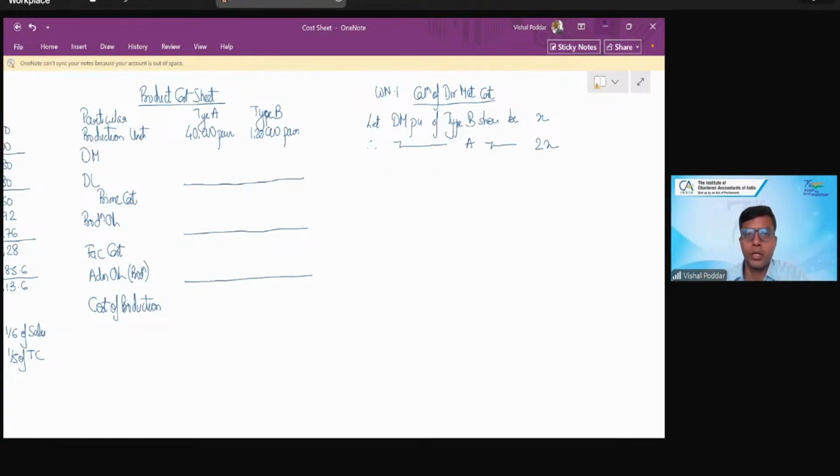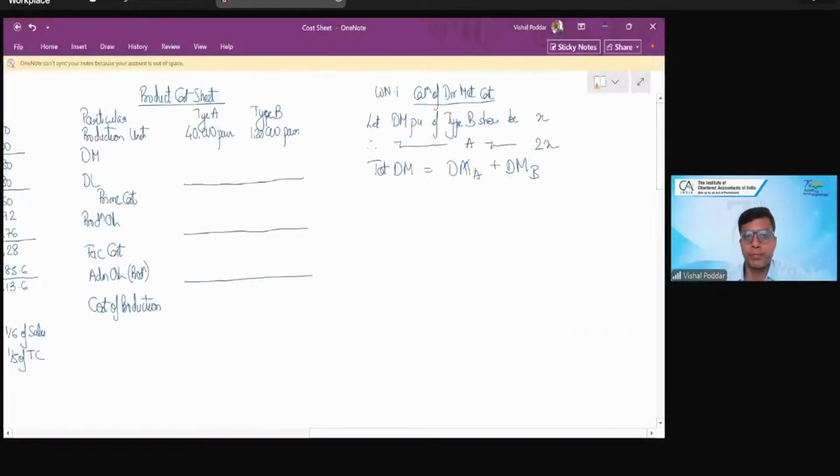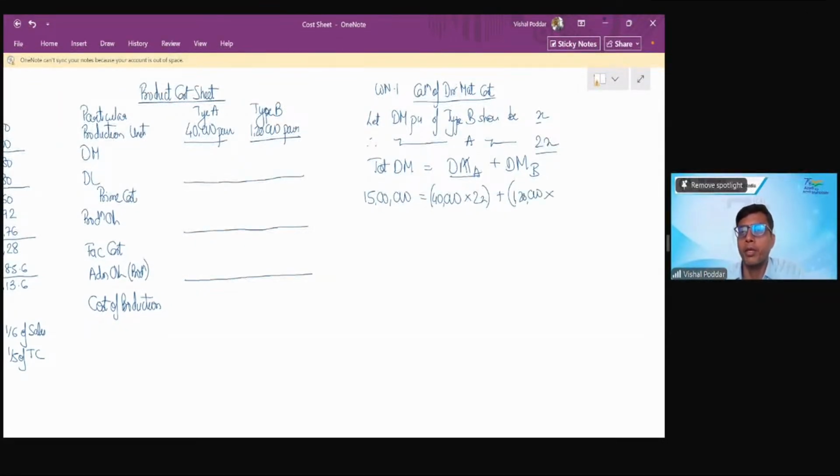Now, total direct material is direct material of A plus direct material of B. Total direct material is 15 lakhs. How much would be direct material of A? It is 40,000 pairs multiplied by 2x, plus 1,20,000 pairs multiplied by x.